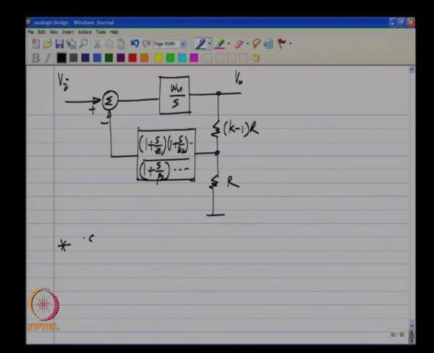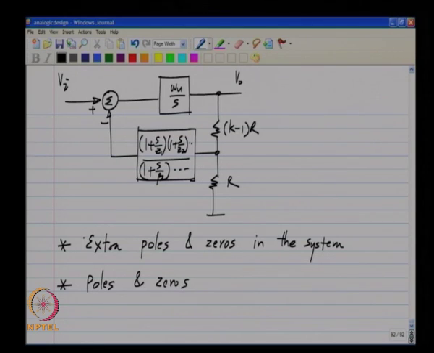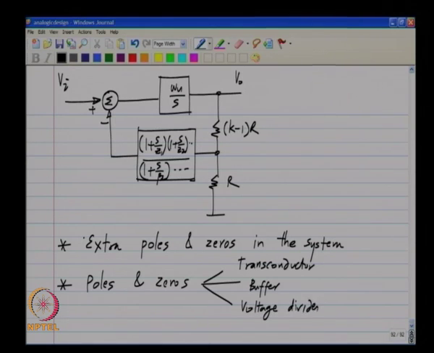So, the bottom line is that there are extra poles and zeros in the system, and these poles and zeros can be in any part of the system, that is the transconductor, the buffer or even the voltage divider.